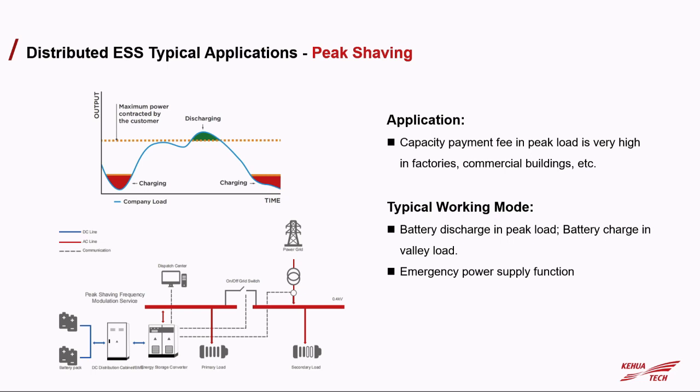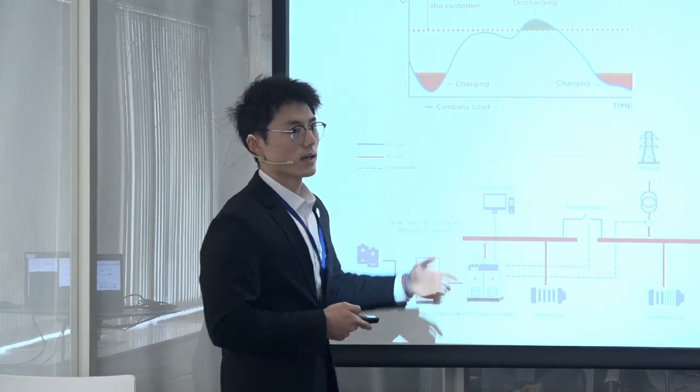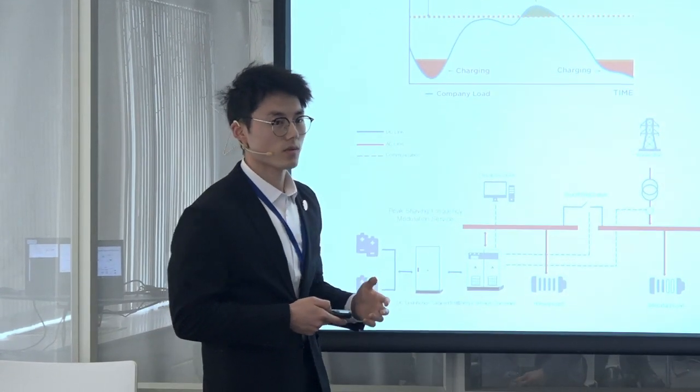There is also a peak time of the curve, and if the maximum power of the load exceeds the maximum power, the electricity fee will be higher than the normal price.